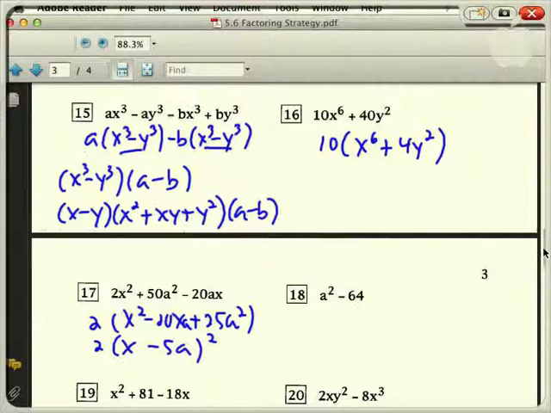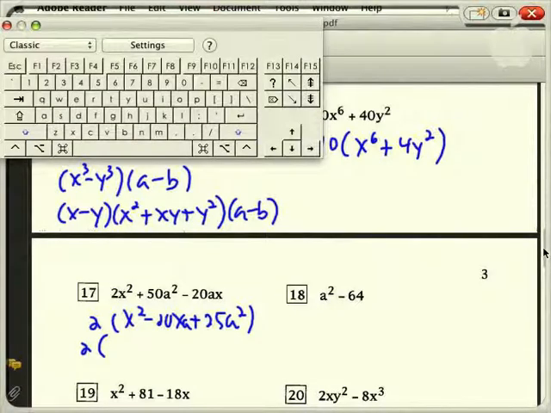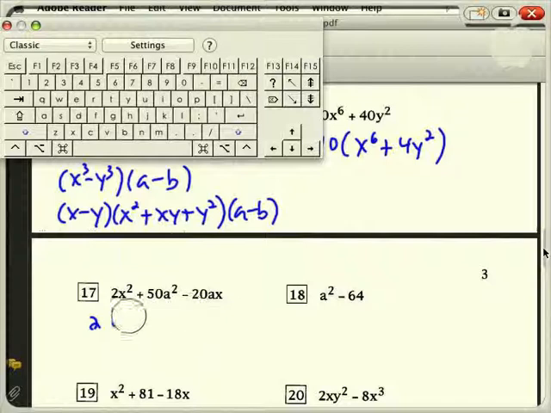Okay, so we have to do this one a little differently. Glad we caught it. We're going to have 2 times. Oh, that should have been a 10 there. Oh, let's start this one over. I did some serious goofing on that one. Okay, take a 2 out.